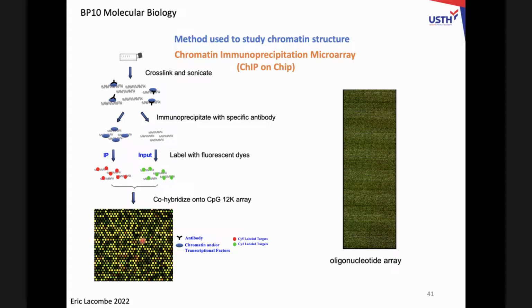So with this strategy, we can have different pictures of the genome for different post-translational modifications of the histone at the same time. Is it clear for you? Yes or no? Okay.